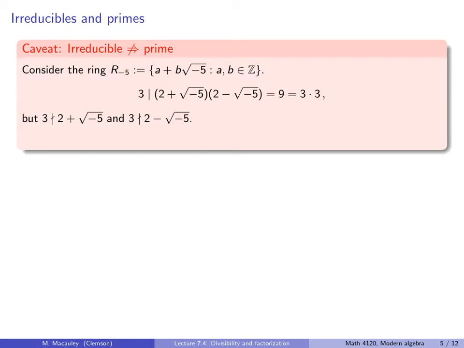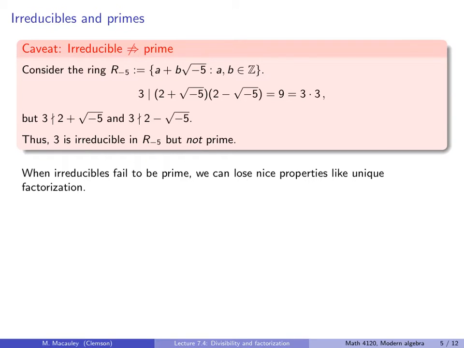And it's also not hard to check that 3 is irreducible. There is no way to write 3 as a product of multiple numbers of this form. Therefore, as I said, 3 is irreducible in R of negative 5, but it is not prime. Because again, it divides a times b, but it does not divide a or b individually.